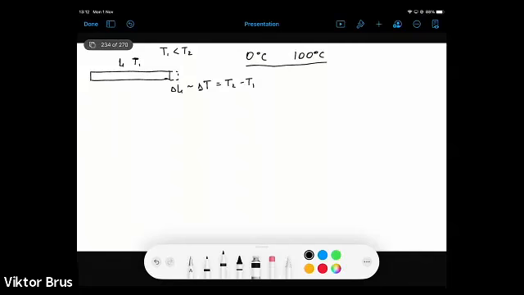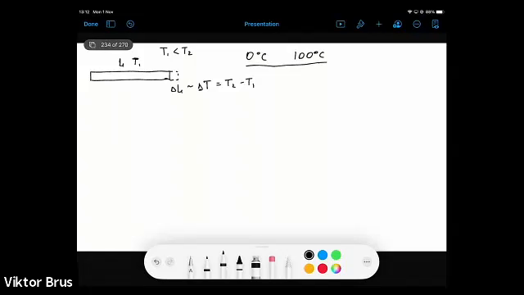Any ideas what the reason for that is? Why don't we go for such thermometers? They will be inconvenient, probably. Yes, and what is the main problem with this type of thermometer? We technically can measure, but you are right, it will be inconvenient.